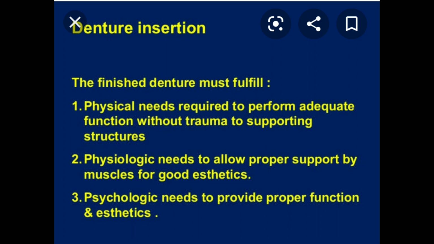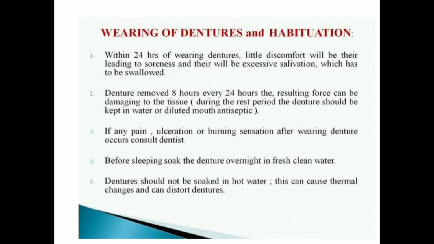Physiological needs are to allow proper support by muscles for good aesthetics. And psychological needs mean to provide proper function and aesthetics. These three P's we call physical, psychological, and physiological needs. These three needs should be fulfilled by the final denture whatever you give to the patient.